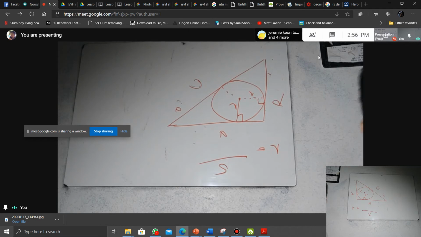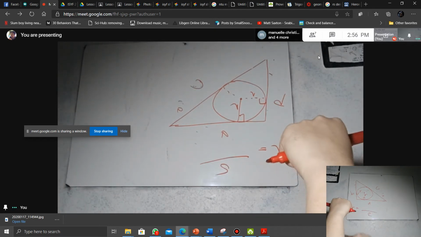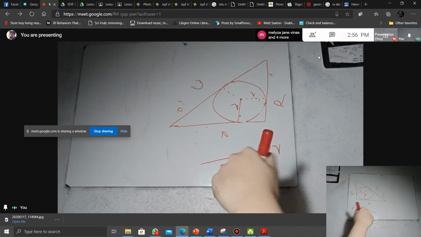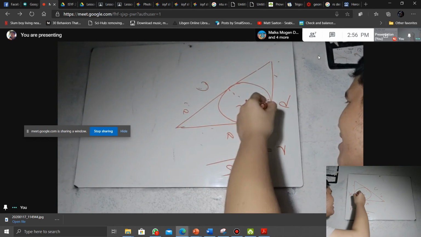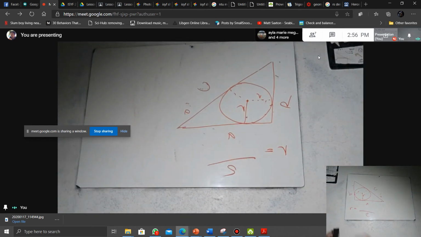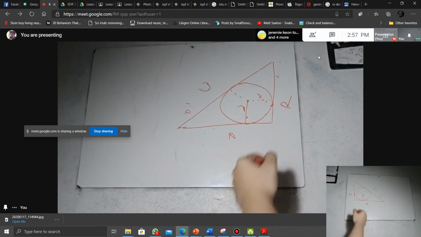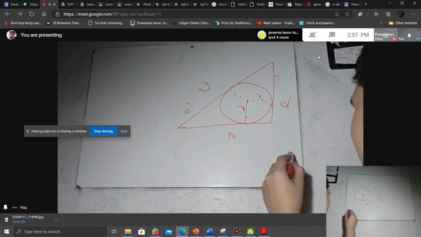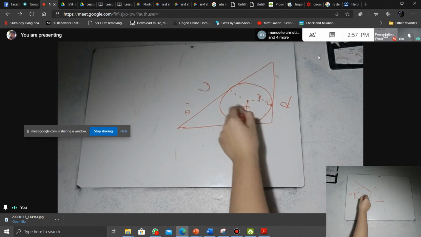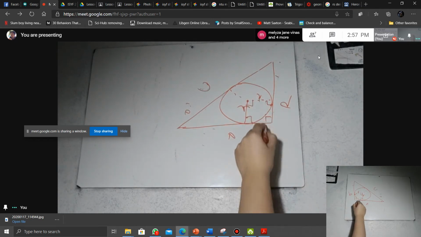Watch. Sige, dahil hanap natin ay radius, let's utilize the radius. Let's make it as r, no? Kasi example, di ko alam yung fact na ang area nito ay indeed rs. Let's say na r to. So, right triangle siya. Take note, congruent to, right angle din yon. So, we're sure na square yan.